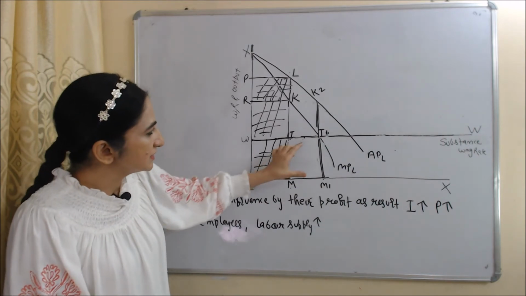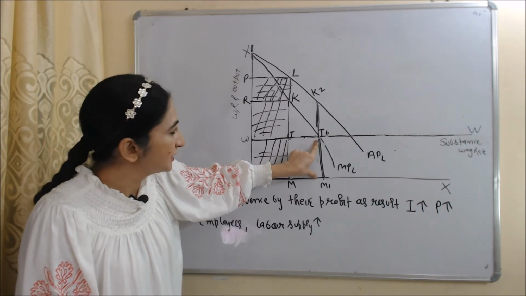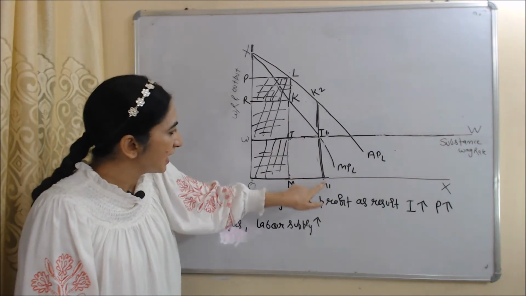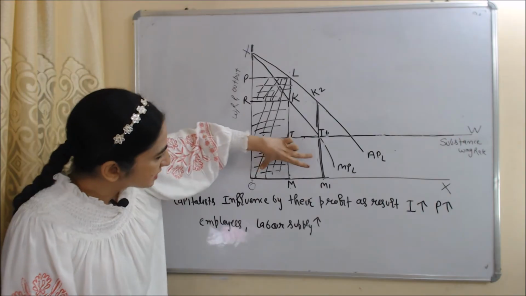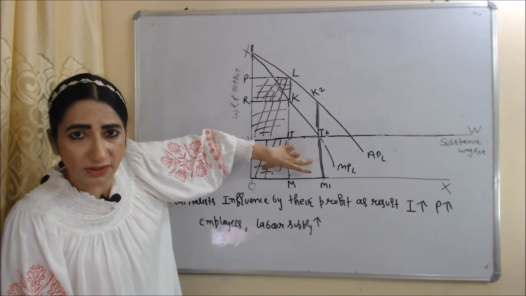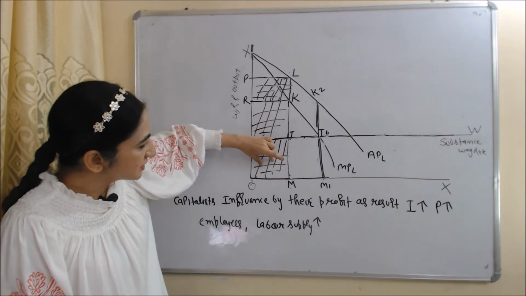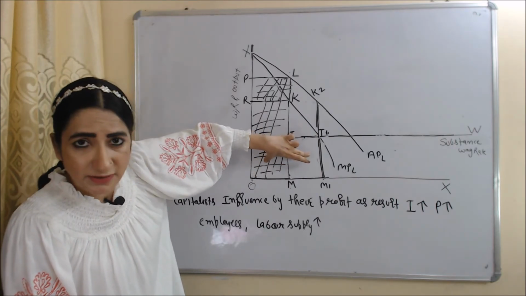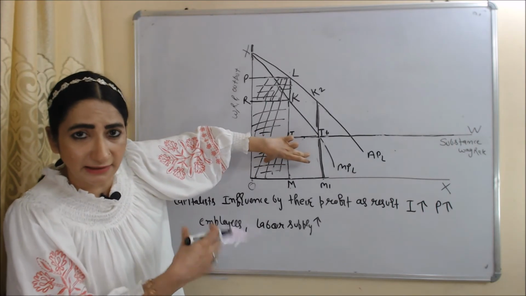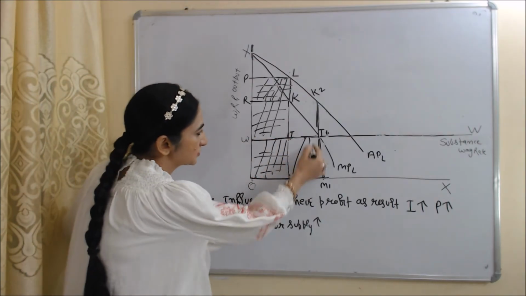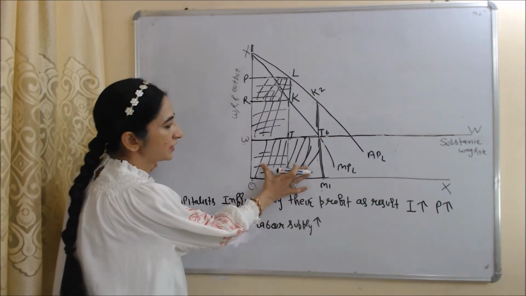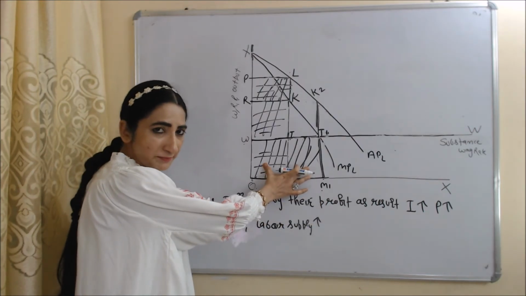Now, per unit wages are T1M1 and total wages are this W T1 M1 O. Earlier this part represented the total wage bill, but now this part represents a total wage bill which is higher than earlier.